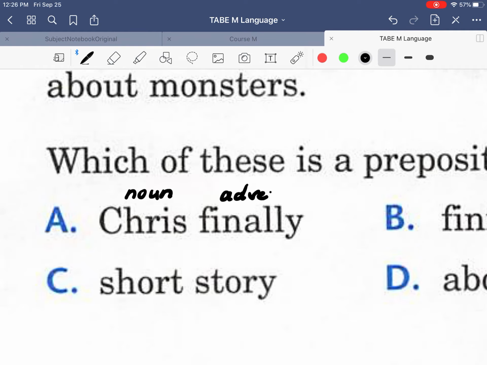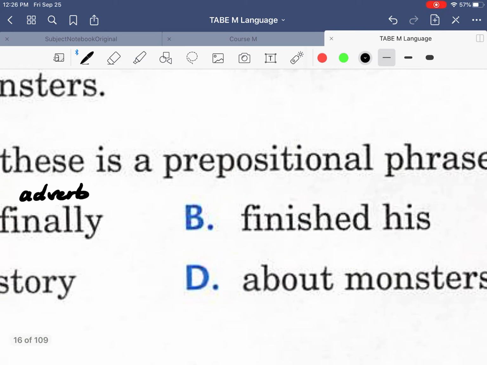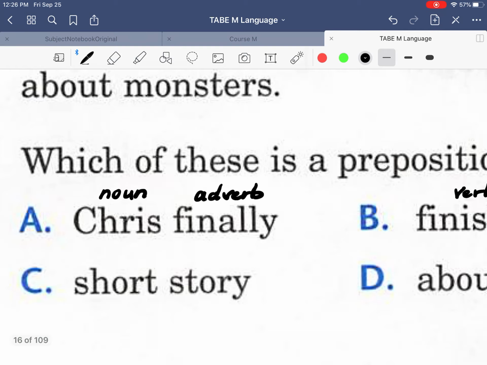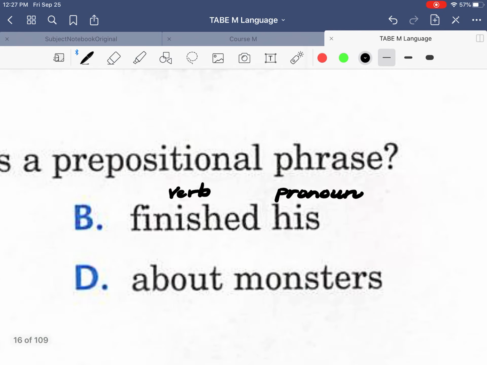It tells when. Finished is a verb. His is a possessive pronoun. Short is an adjective. Story is a noun. About is a preposition. Monsters is a noun.